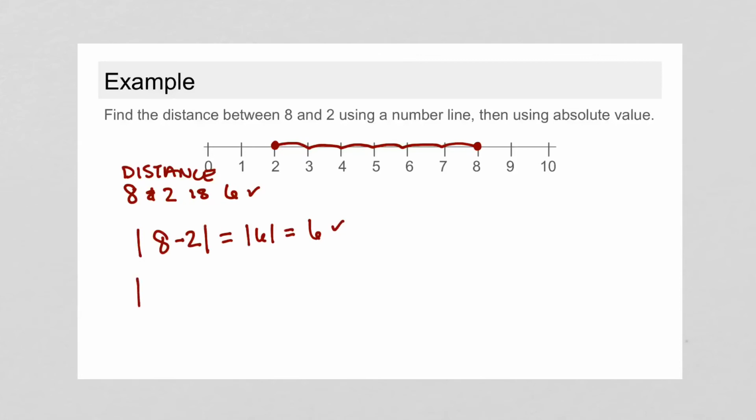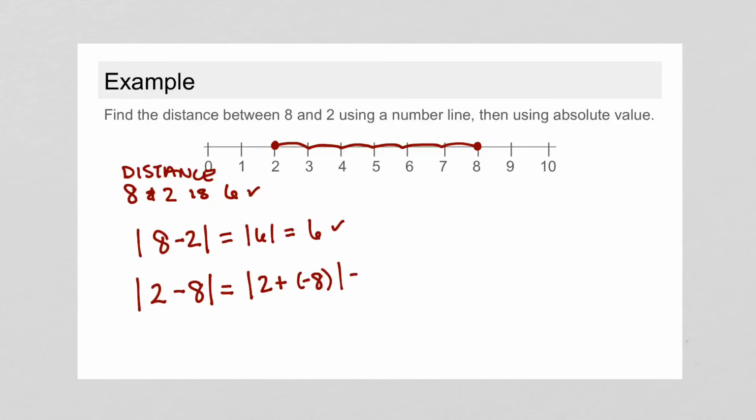So now let's try it the other way. What if we decided to subtract them in the other direction? And we did 2 minus 8 inside the absolute value. Well, 2 minus 8, we could rewrite that as addition: 2 plus the inverse of 8, which is negative 8. Different signs, subtract and keep the sign of the larger number.